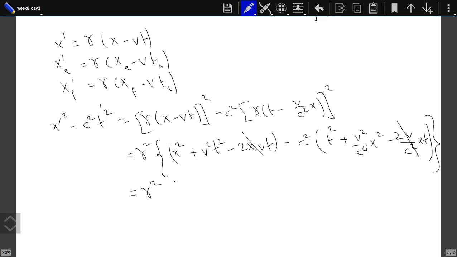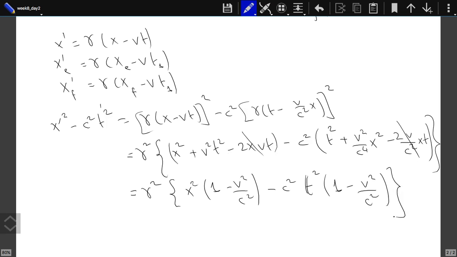Now let's see what remains. This is gamma squared x squared (1 minus v squared over c squared) minus c squared t squared (1 minus v squared over c squared). But keep in mind, gamma squared is nothing but 1 over (1 minus v squared over c squared).